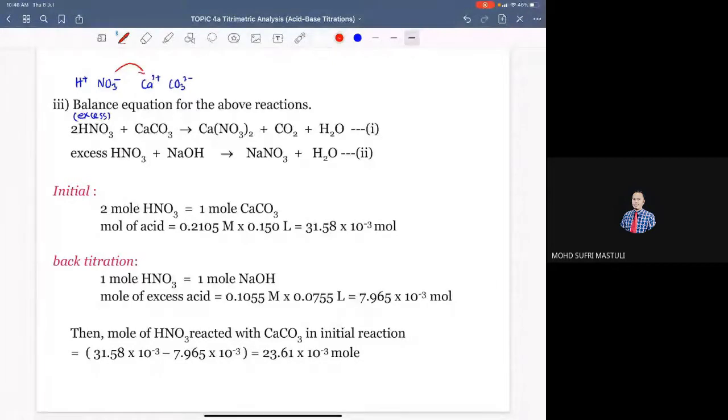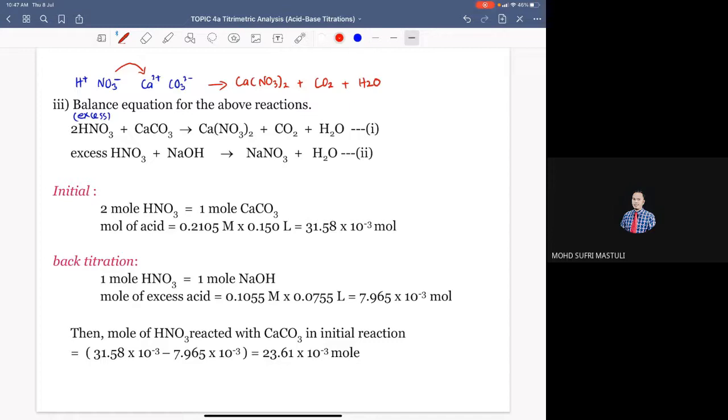In this case, the product is calcium nitrate, plus carbonate will be produced as CO2, and H will be produced as water.